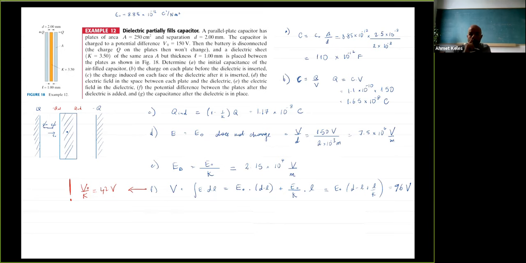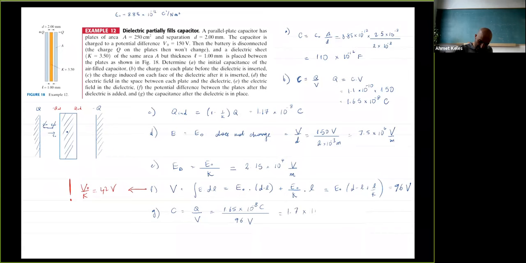And G, capacitance after the dielectric is in place. Okay, let's do this and give a 5-minute break. C is equal to Q divided by V. Q is equal to 1.65 times 10 to the minus 8 coulomb, and I divide this by the voltage, 96 volts.